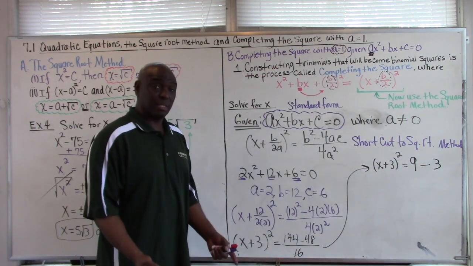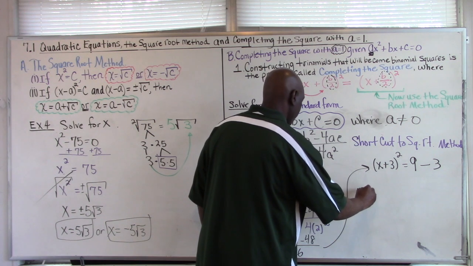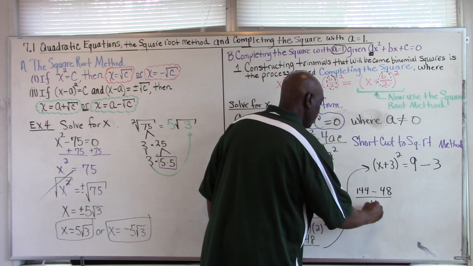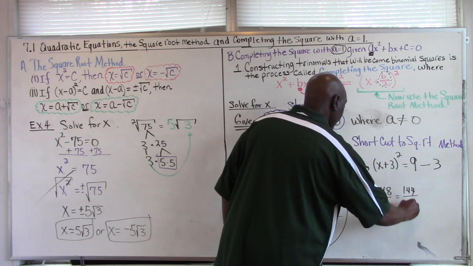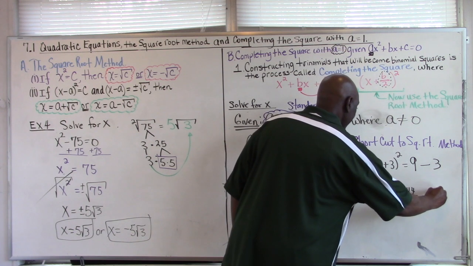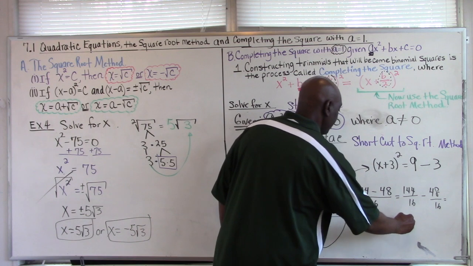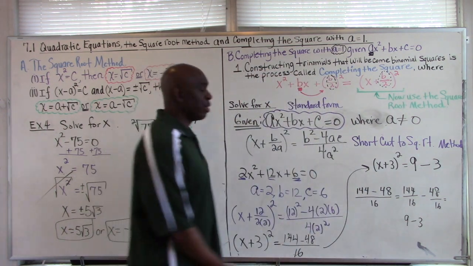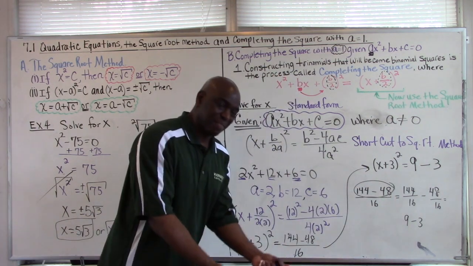You see how we did that? 144 minus 48 over 16 is the same thing as 144 over 16 minus 48 over 16, which equals 9 minus 3. If you want, you could have subtracted these first, and then divide by 16.